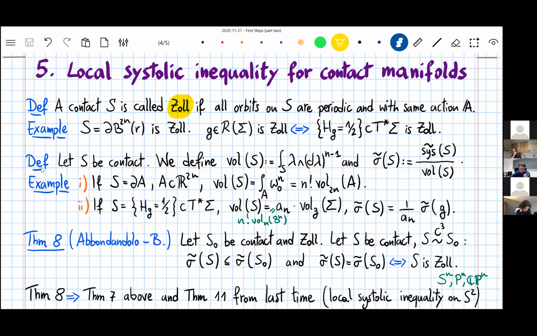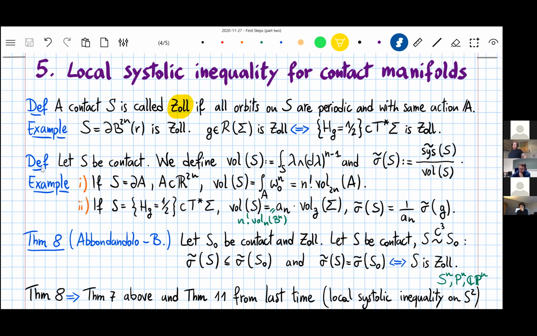Before we can state this more general result, we need one more piece of information that we haven't yet defined, because to have a systolic inequality, we also need a notion of volume for contact manifolds. We saw the notion of volume for the symplectic world, but also for contact manifolds you can define this using this one form lambda.